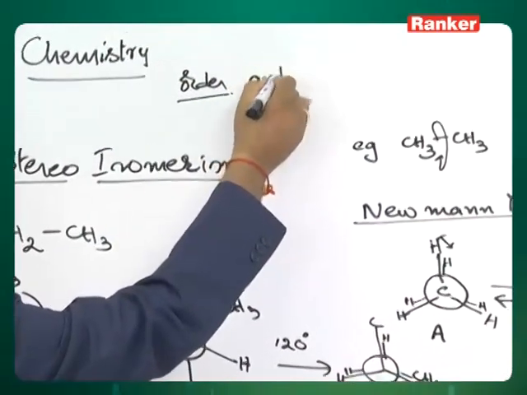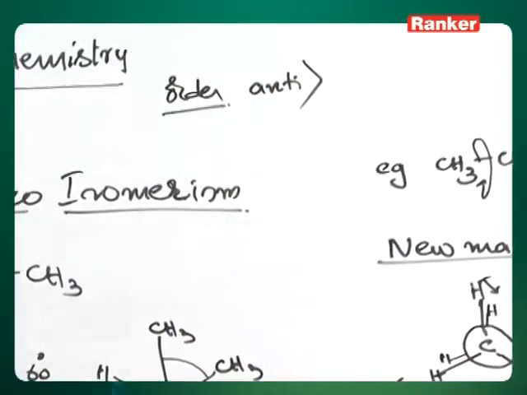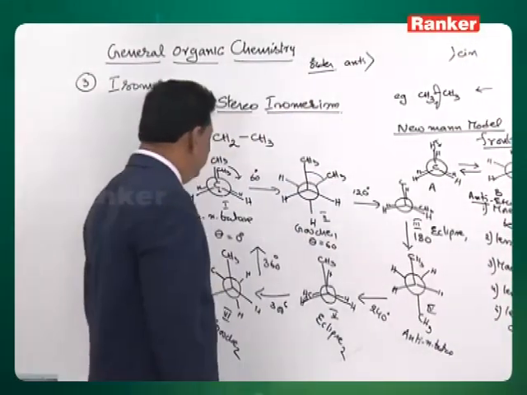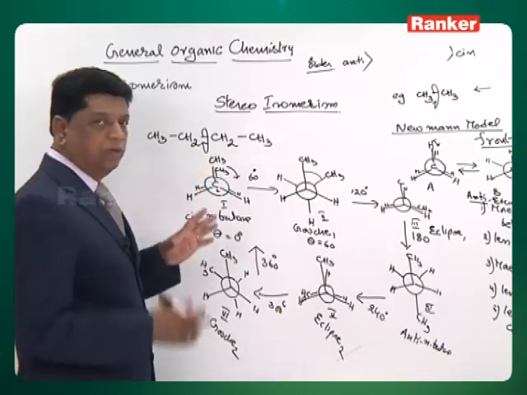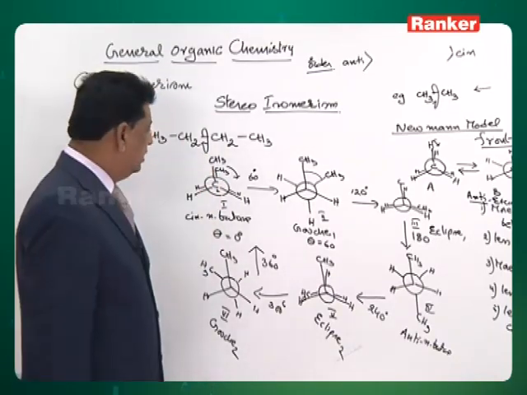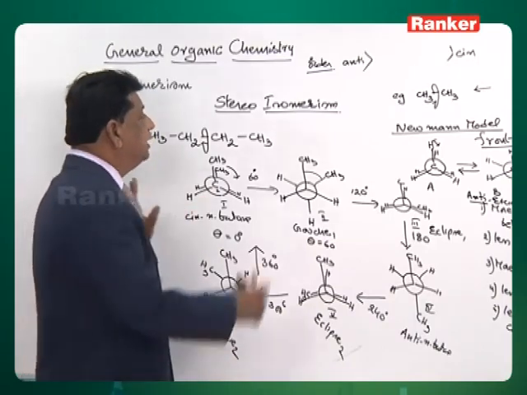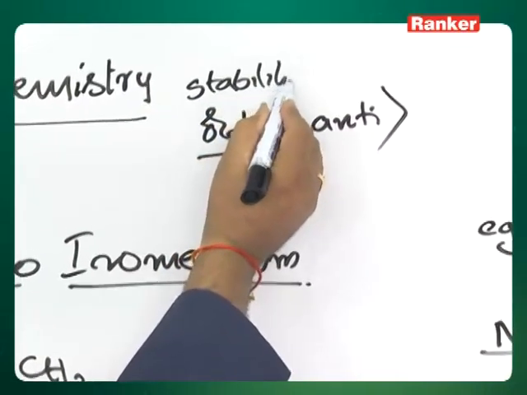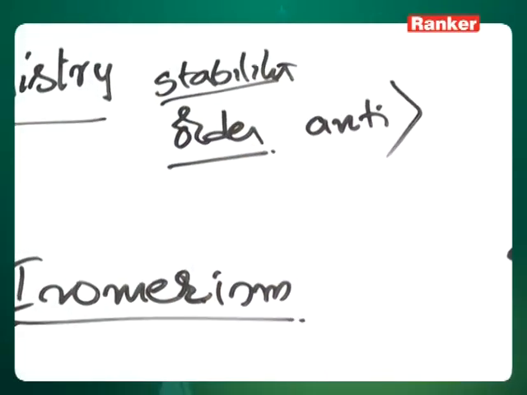Anti will be the most stable one, and syn will be the least stable one. Syn will be the least because of more overcrowding, more repulsion, and very high potential energy. So stability will be less. This is the stability order, right? The most stable one is anti.